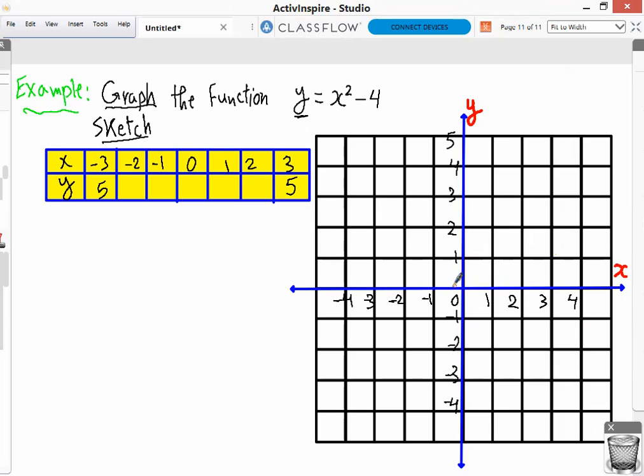Then the first 2 points, negative 3, 5 and 3, 5.